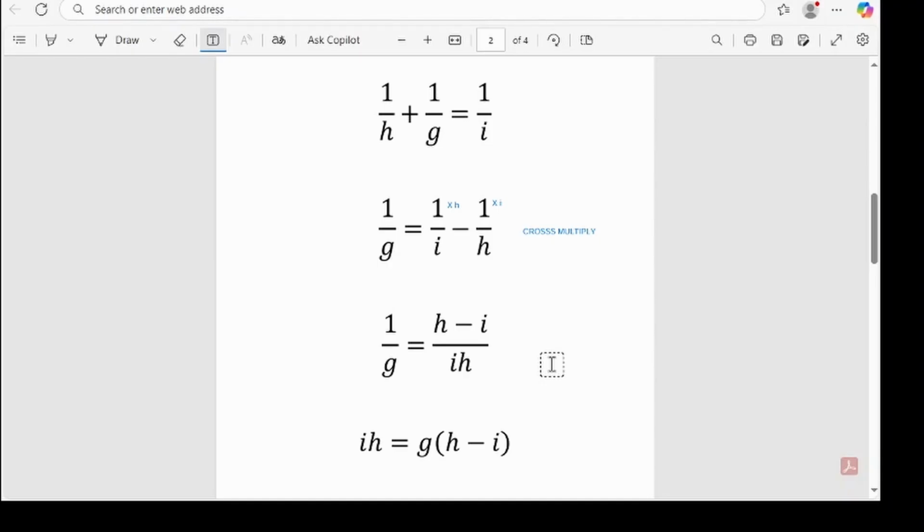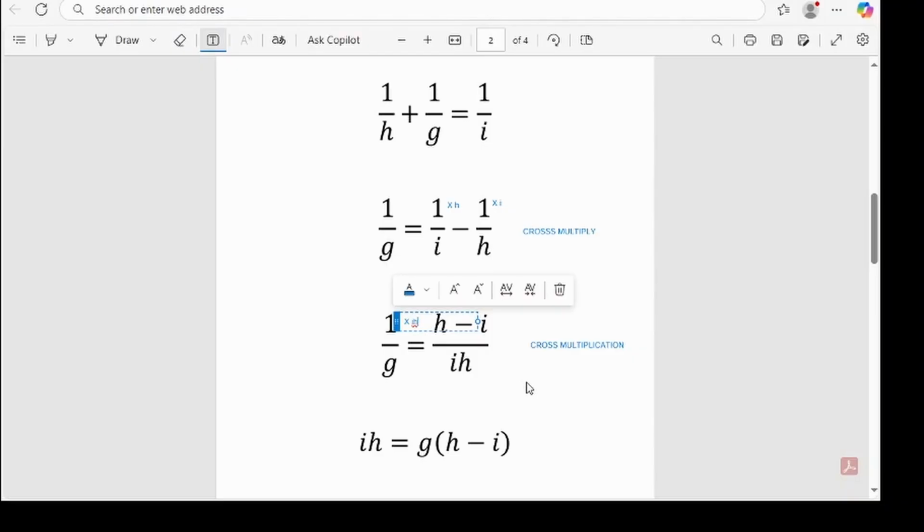So remember the cross multiplication rule again. So we'll do cross multiplication again. The denominator on your far right, IH, will multiply the numerator on your far left, so we are going to get 1 multiplying IH.